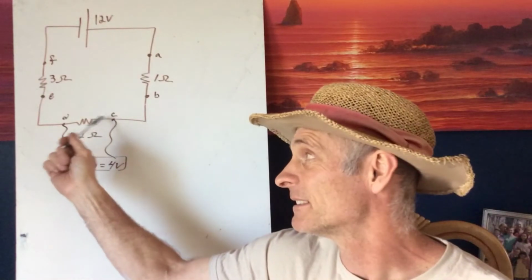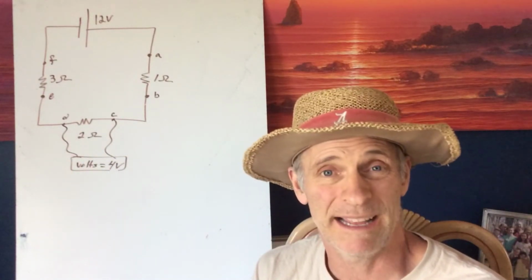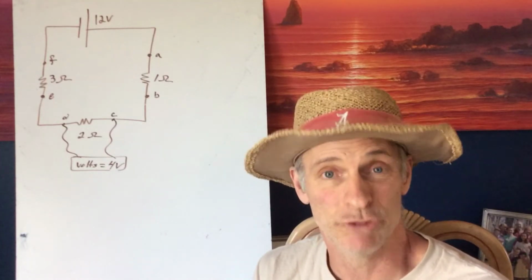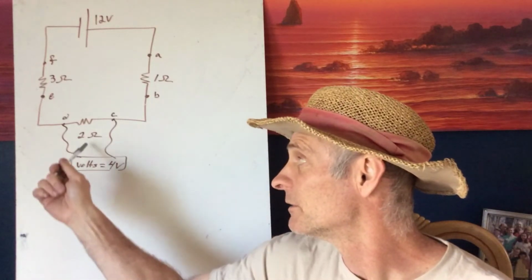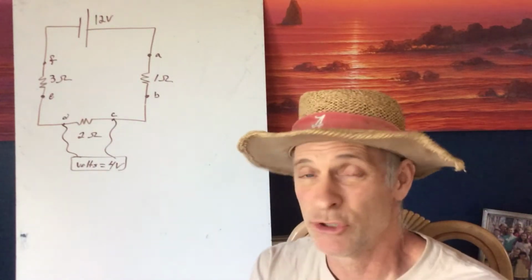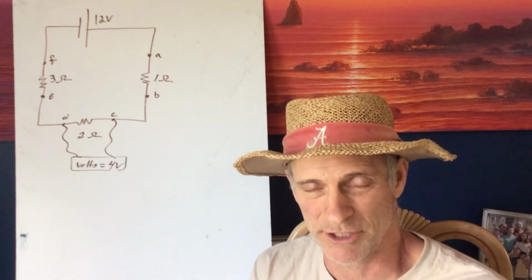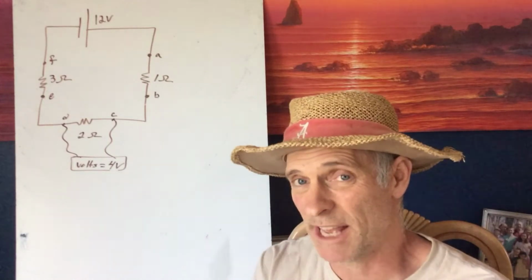But points C and D are different electrically. Why? Because there's something in between points C and D. Resistor 2. How much is resistor 2's value? 2 ohms. And remember, we had 2 amps going through the 2 ohms because that was the current for the entire circuit. Therefore, using Ohm's law, V equals IR.